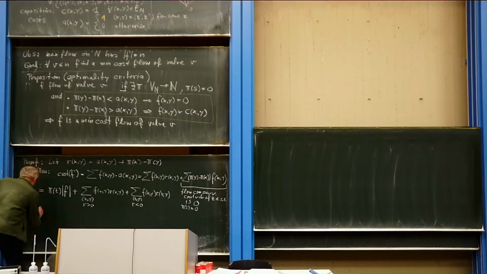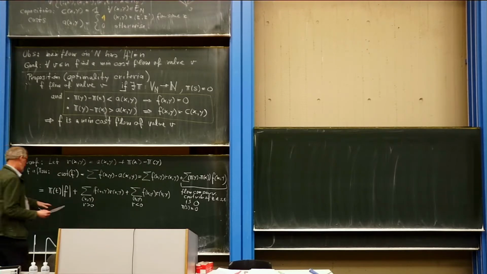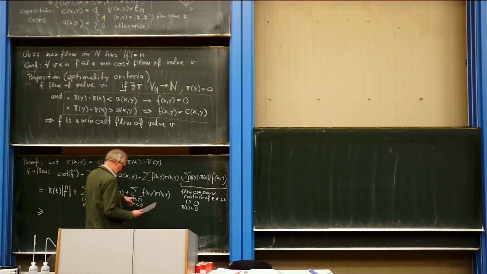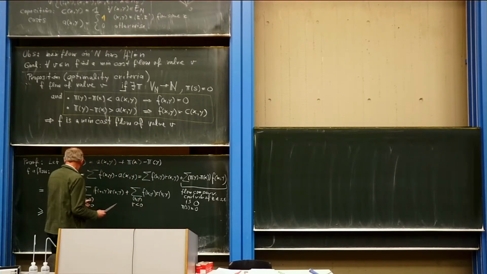and we see that this is at least as large as, well, when we go on the positive side, say, then the flow is always at least 0. And this will be a positive contribution. So it's decreasing when we make the flow 0.